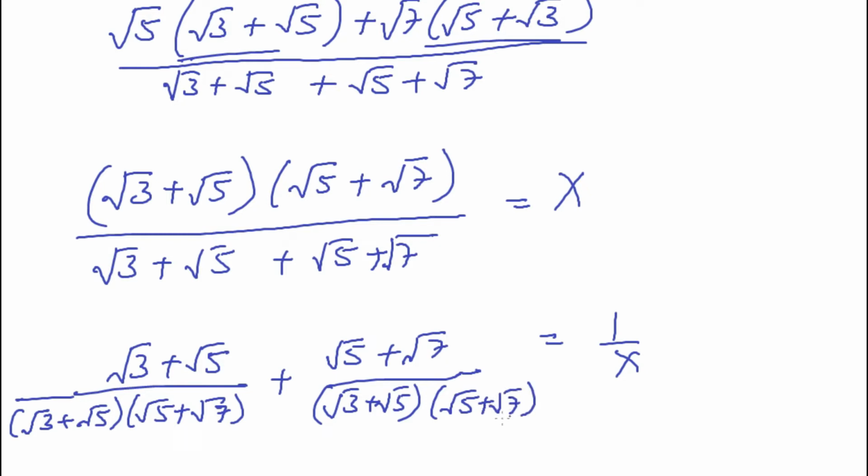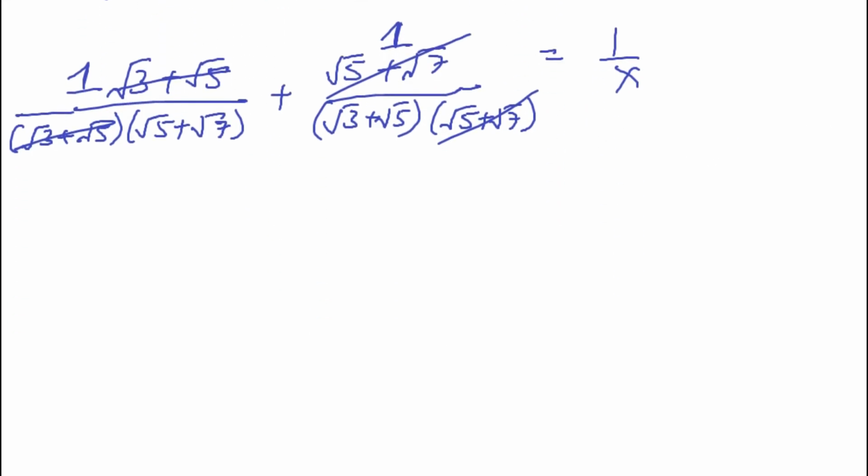Why am I doing so? Because this thing gets cancelled with this and just 1 remains here. The same happens with this also, it cancels out and 1 remains. That's the reason I am flipping it. Or if you don't want to flip, you can bring that thing into the denominator of this part also. That is also correct.